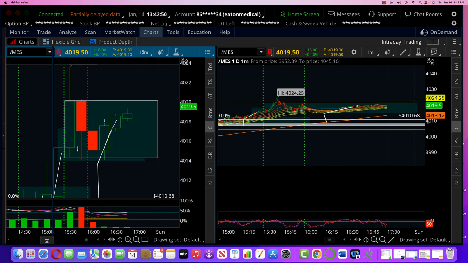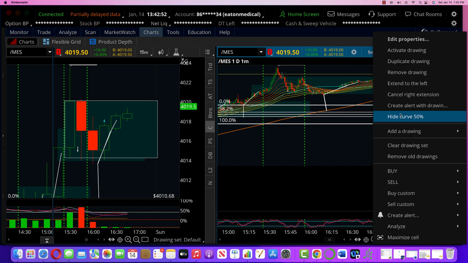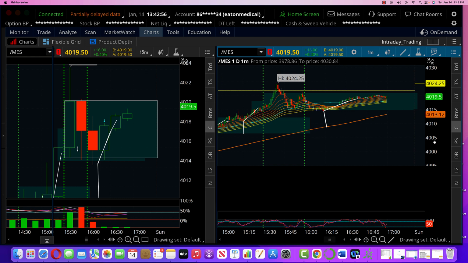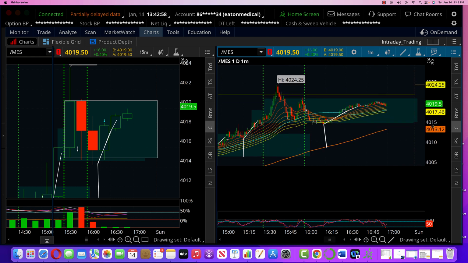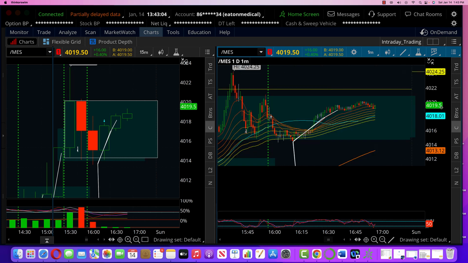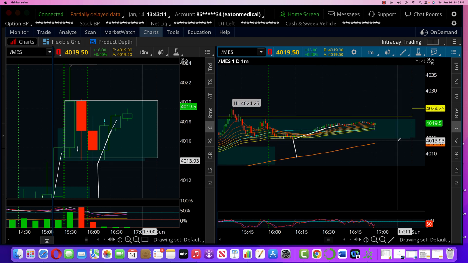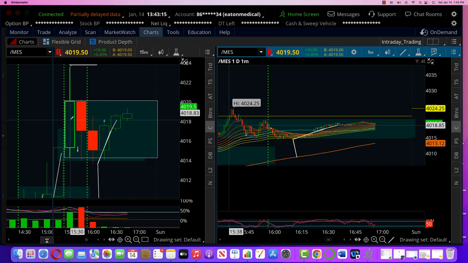So on the 1 minute, you would let the market open Sunday, or actually no, it might not be open Sunday because this is Martin Luther King. But in any case, when it does open up, you see, this is the range. This is the range you're playing. This one, the 1530 range.